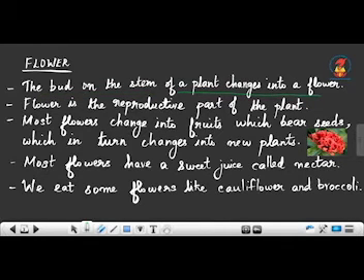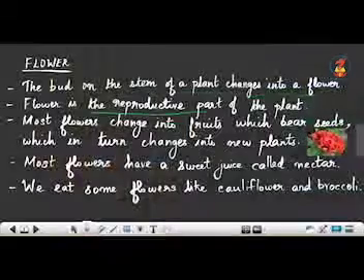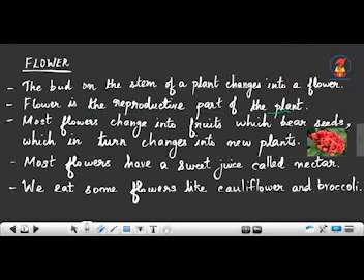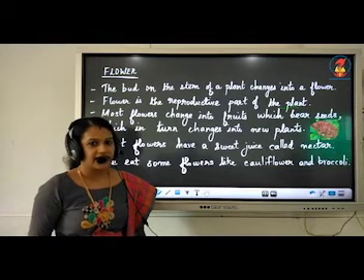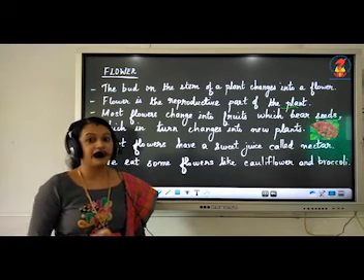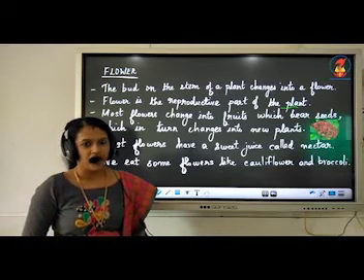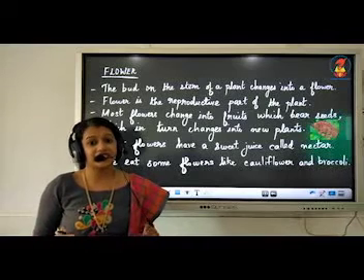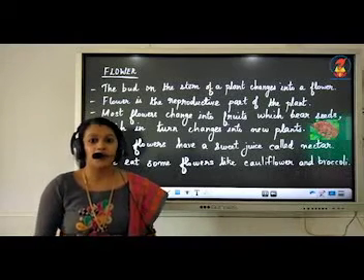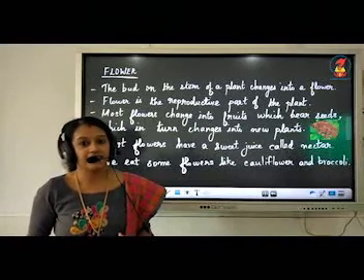And flower is also known as the reproductive part of the plant. Why is it called the reproductive part of the plant? Because this flower will change into a fruit later on. After changing into a fruit, I think all of you must have eaten fruits, isn't it? So when you eat this fruit, what can you find inside them?